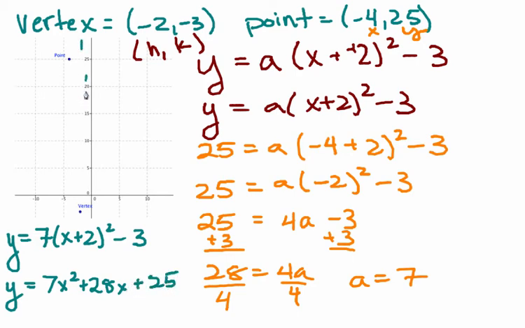Given that our axis of symmetry is here at x equals -2, there's a point at (-4, 25). There's also a point at (0, 25), and I can actually read that from standard form here, because if I plugged in 0, 7 times 0 is 0, 28 times 0 is 0, we get a 25 for our y value. So this is a tall, skinny parabola that opens up with its vertex at (-2, -3).